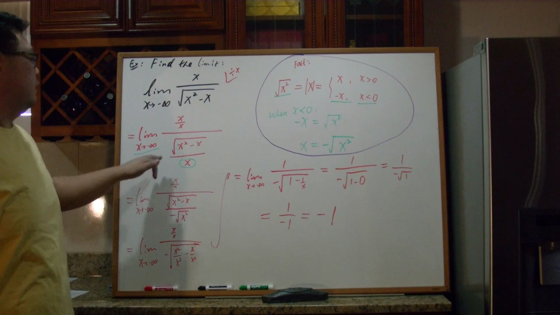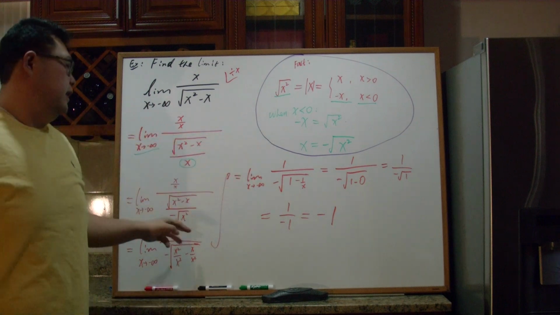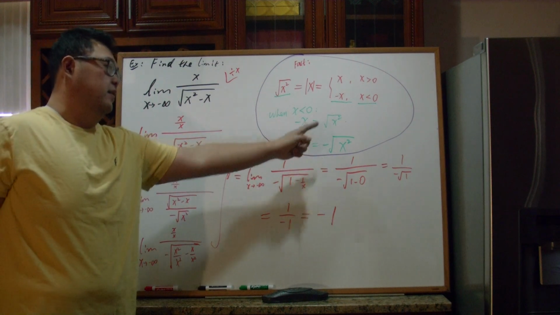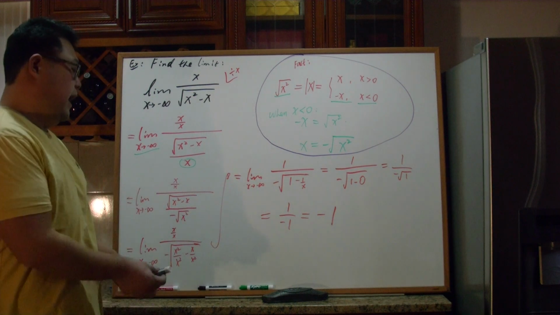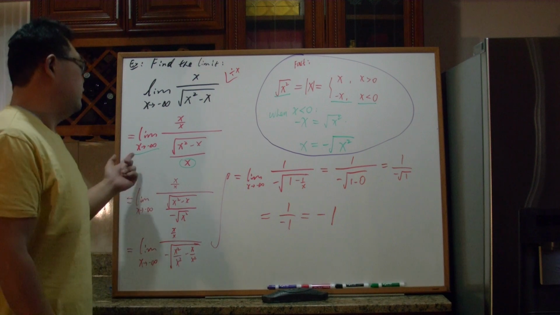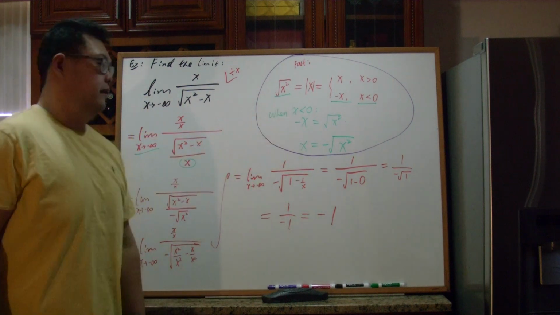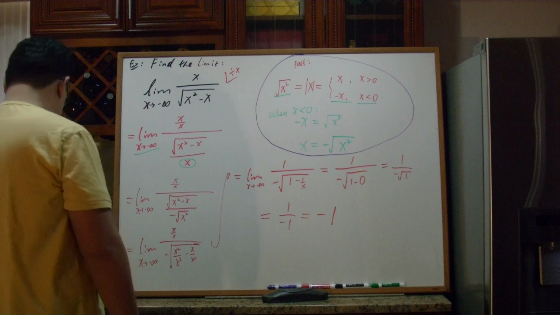Then we use the fact that we can divide by x for the top and bottom, and take the x inside the radical to get the negative square root of x squared, since x is a negative number. Whatever it is, it approaches negative infinity, but it is still negative. So that's what it's supposed to be.